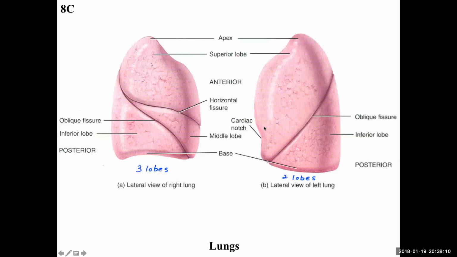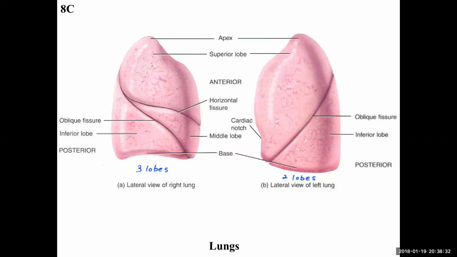Now, the lungs are light and spongy. The lung volume is mostly air, okay? And it consists of air-filled passageways and alveoli, and it can accommodate large volume changes due to the elastic fibers that we saw around each lung lobule.